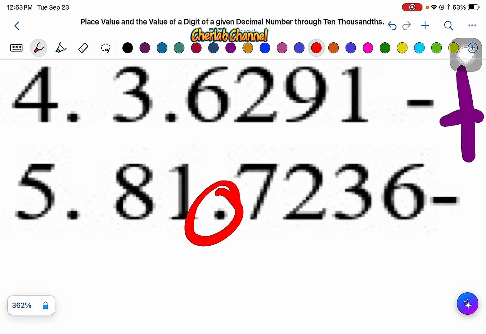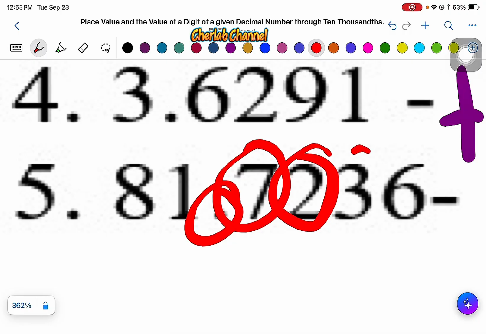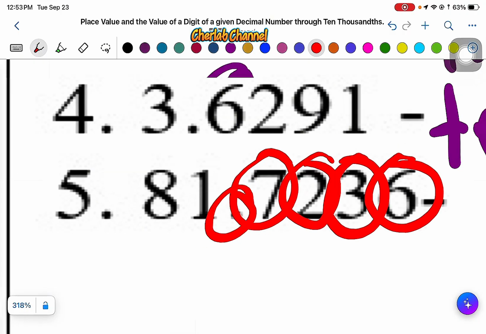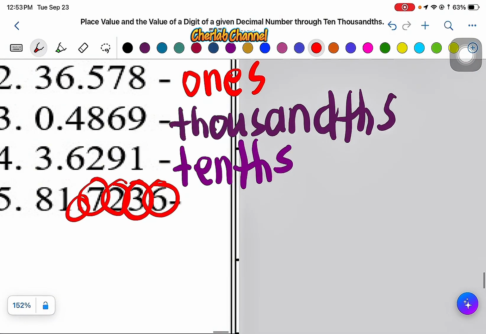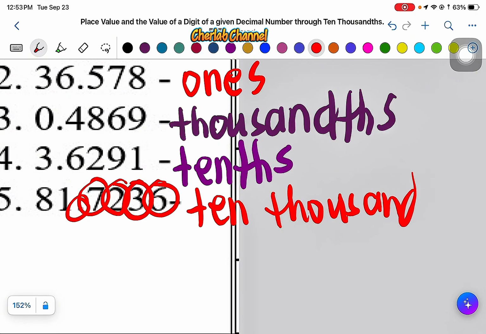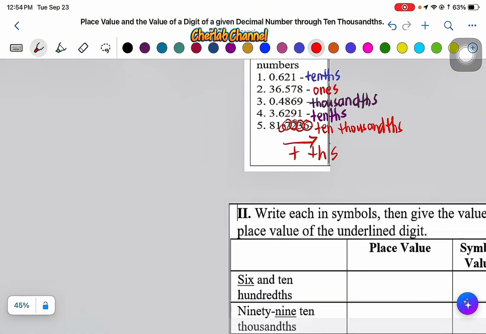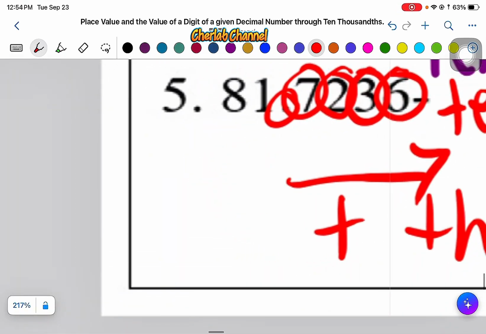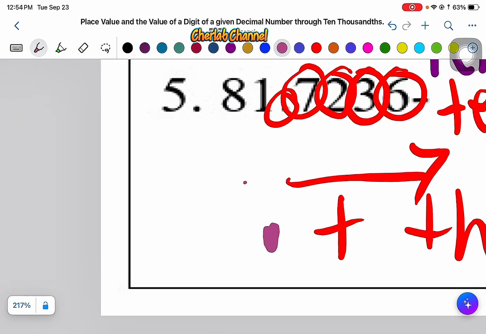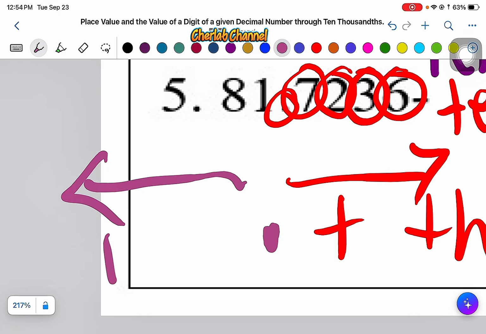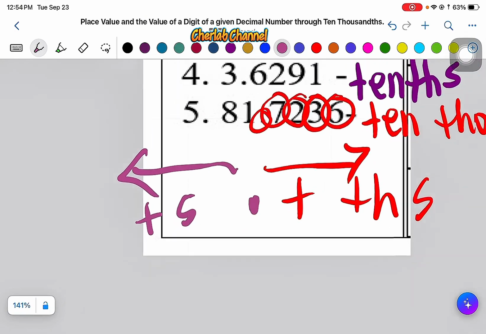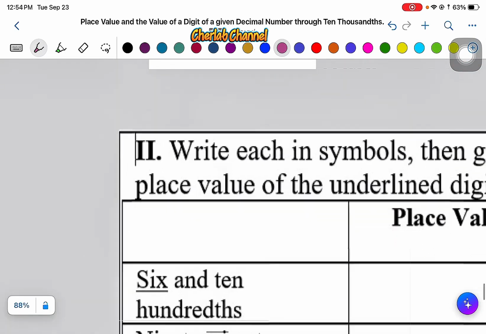So, ones, tens, hundreds, thousands, ten-thousandths. Ang place value ng number 6 dyan. Okay? Dahil papunta siyang kanan plus THS. Okay, yun lang ang rule. And from the decimal point, papuntang kaliwa plus S only, which means whole number.